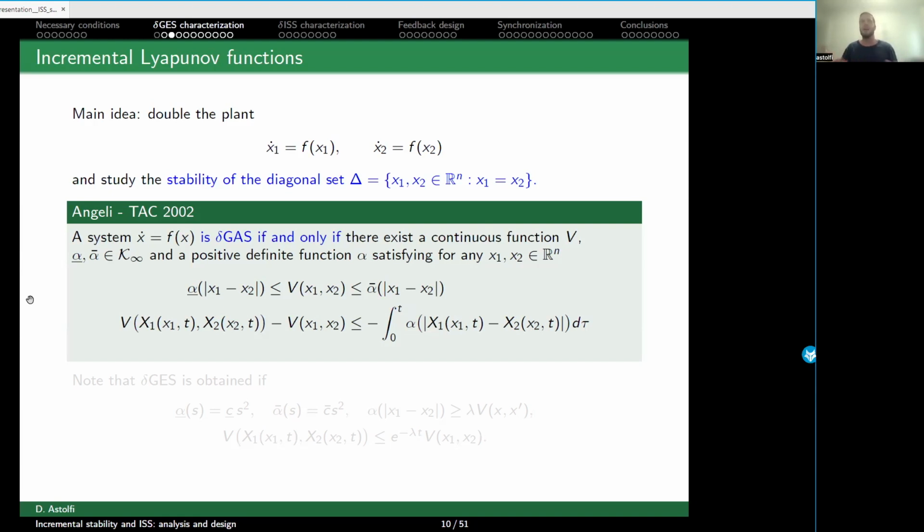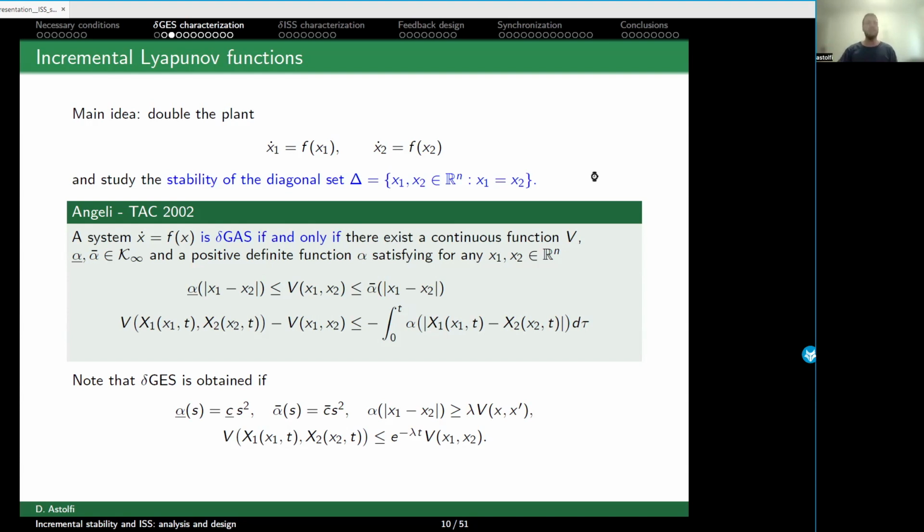In particular, V has to be decreasing along solutions, in terms of an inequality in which there appears an integral of a positive definite function of x1 minus x2. Of course, we immediately recover global exponential stability in the case in which the sandwich bound is quadratic, so underline alpha and bar alpha are quadratic functions, and also in the case in which we have exponential decay of our Lyapunov function V.